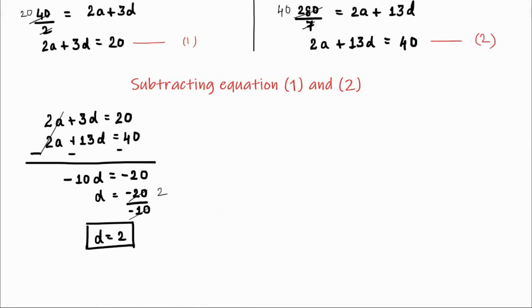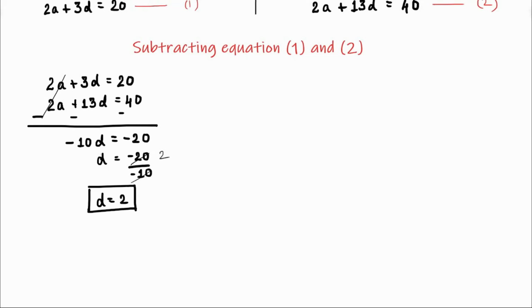Now substituting it in any one of the equations, we can calculate the value of a. Let's use the first equation in this case, I'm writing here from equation 1, which is 2a plus 3d equals 20.